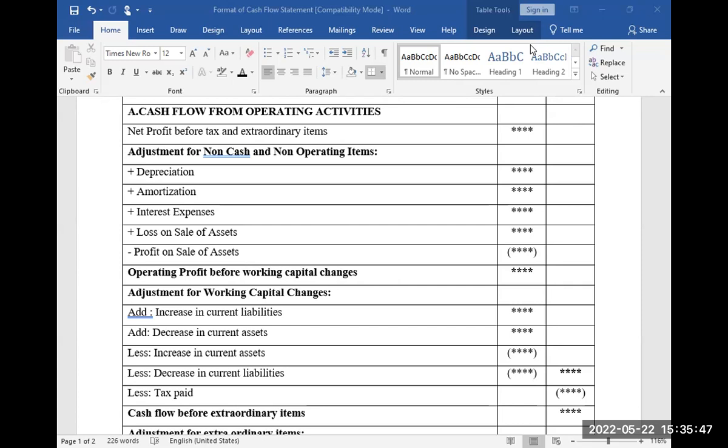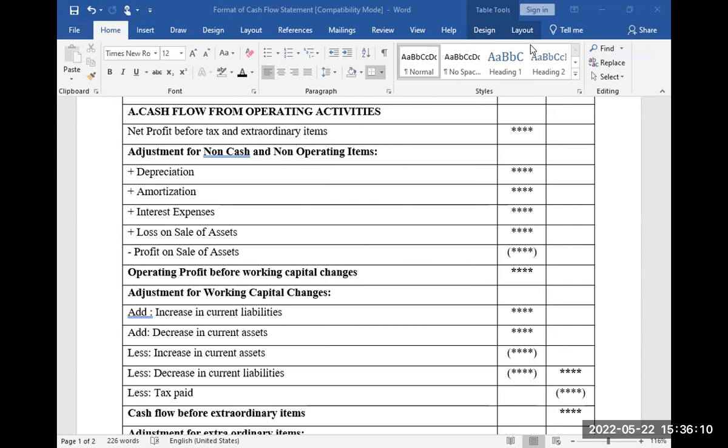Depreciation is an example of non-cash operating expenditure. Dividend paid is a cash expenditure, but it is not an operating expenditure. So we have to adjust. That's why it is written here: adjustment for non-cash and non-operating items.